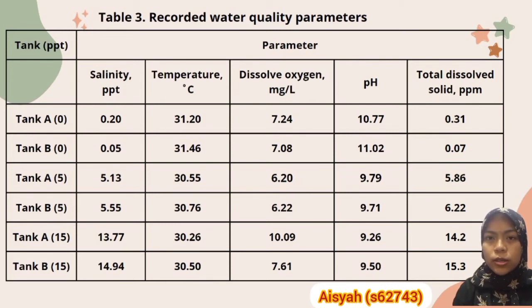For temperature, the range is around 30 until 32 degrees Celsius. In 15 ppt of salinity, the total dissolved solids are higher than in 0 and 5 salinity. The pH is strongly alkaline. The range of DO is 6 until 10 mg per liter, which is not recommended for optimum fish health. It should be 5 mg per liter for optimum fish health.